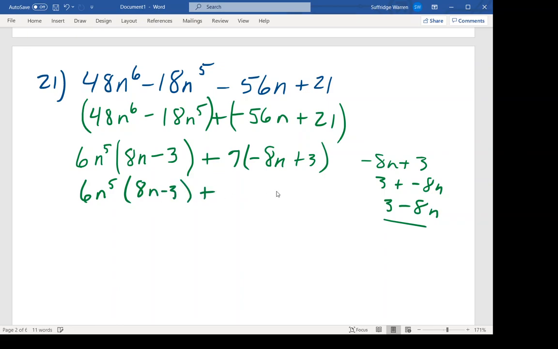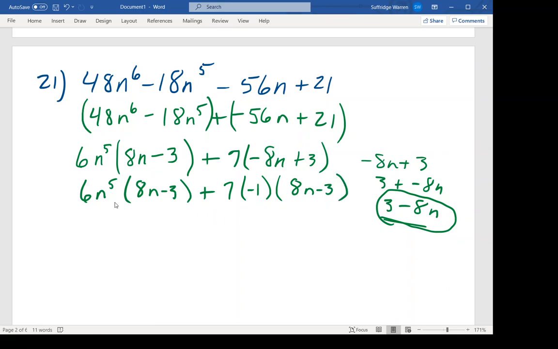Now for the second term, I'm going to write 7 times negative 1. Well, now I'm looking at this right here. Right, so this is what we did. So I want to take the opposite of that, and that becomes 8n minus 3.